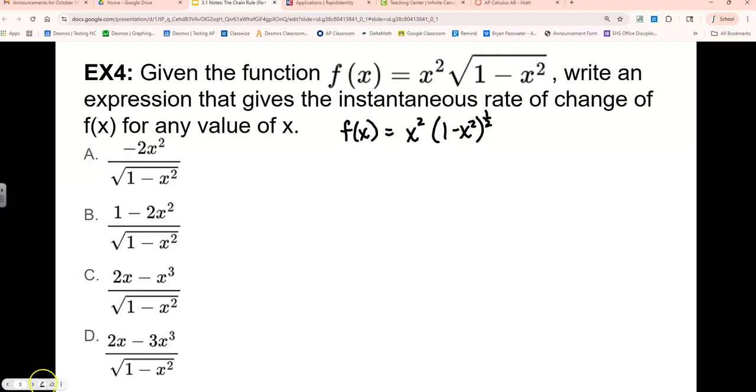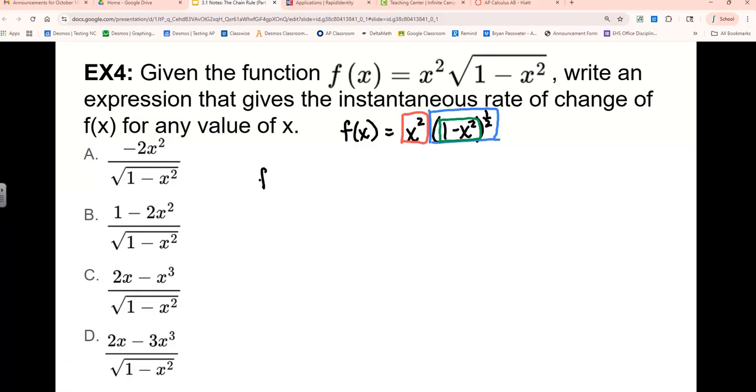So whenever we take this derivative, that x squared is my first part, my first function. My 1 minus x squared is my second part. And which piece of that needs a chain rule? That inside parentheses stuff right there, 1 minus x squared. So that's where the chain rule is going to come in.